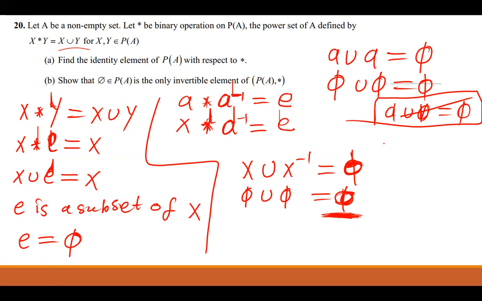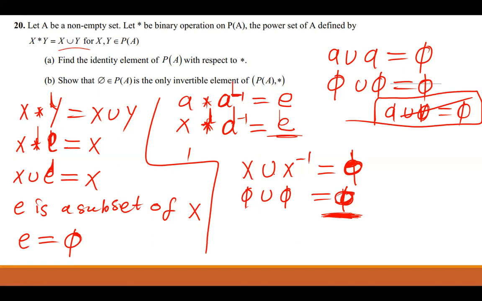Why? Because any element that you put here will not give you an empty set as the identity element. Let me do it this way for you to understand. Let's say you have any element x, I'll just use symbols.